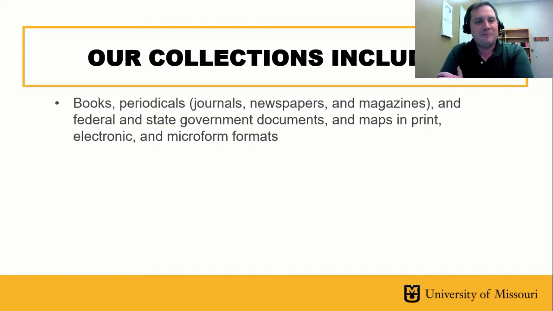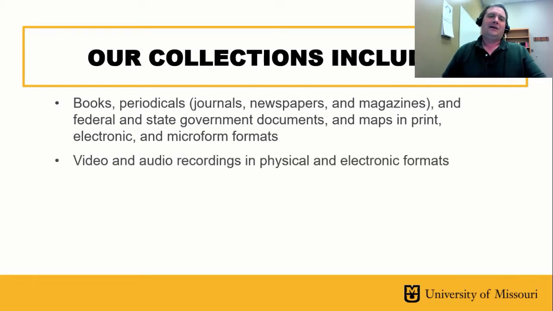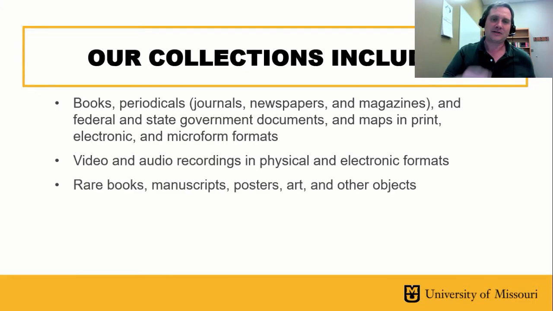They were much more common years ago, but we still have them. We have video and audio recordings in physical and electronic formats. So we have things like DVDs, we have CDs here. We also, from time to time, have access to certain streaming videos, although streaming video is a pretty pricey product these days, but we do have access to some streaming audiovisual content in our collection.